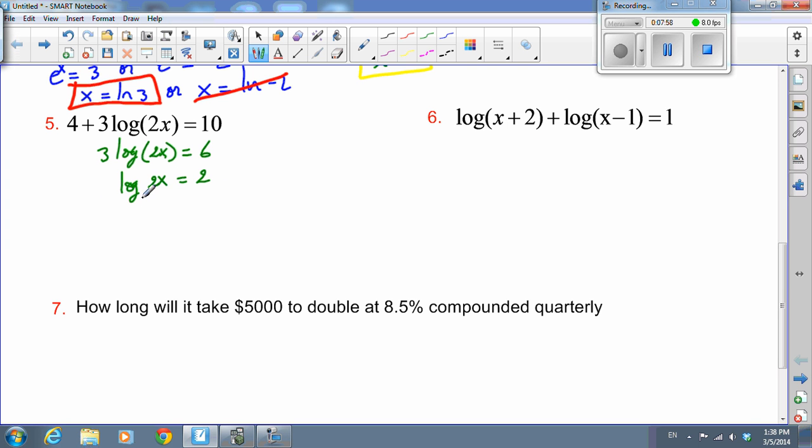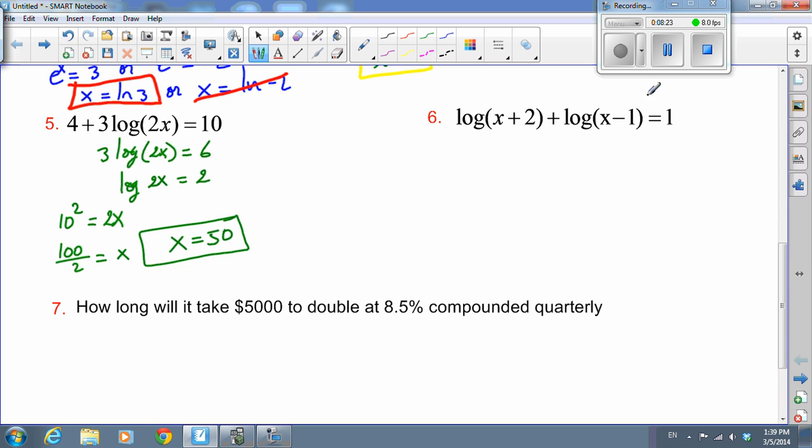Note that when there's nothing here, there will be a 10. So that will give me 10 squared is equal to 2x. You can do that around the world or drop the base and switch, whichever one works. So I will now divide both sides by 2 to get 100 over 2 is equal to x. So x is equal to 50.